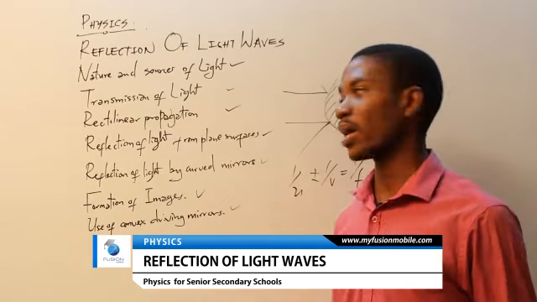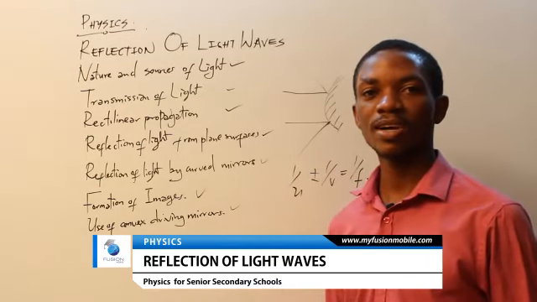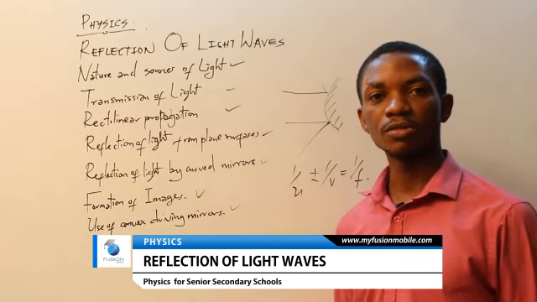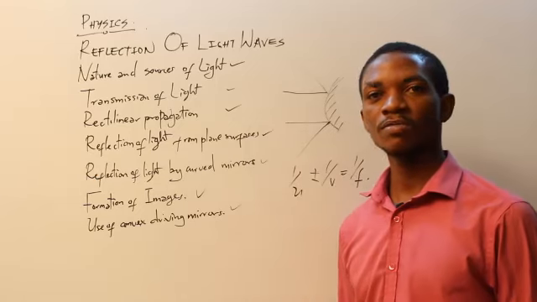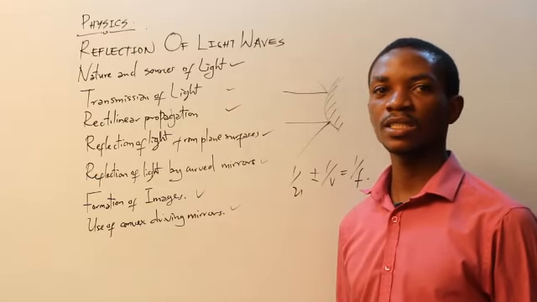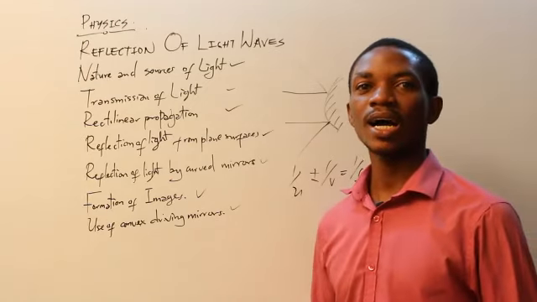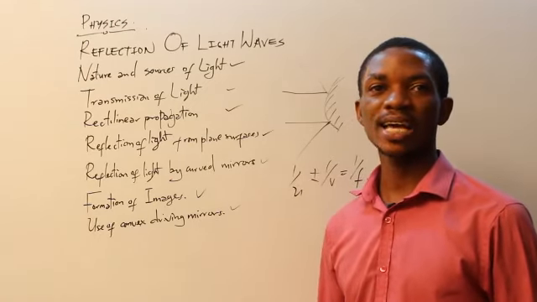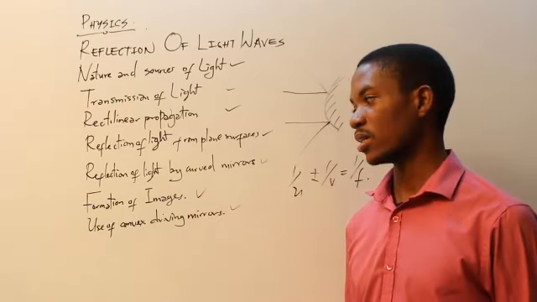The image formed by a concave mirror is real and it is inverted. But images formed by the convex mirrors are unreal and they are erect.